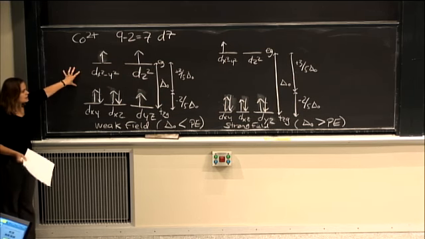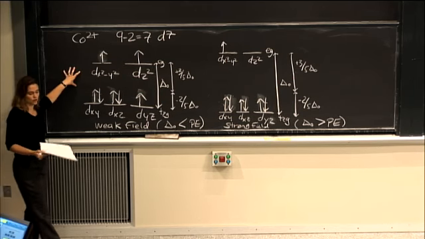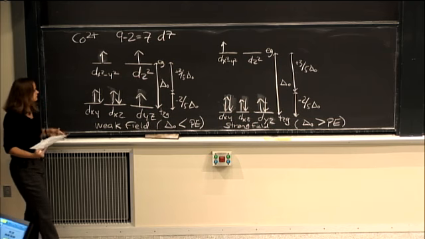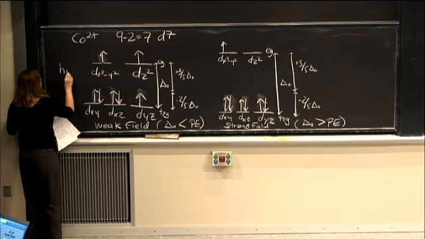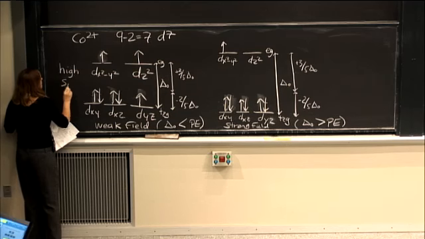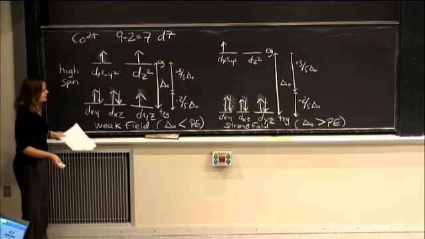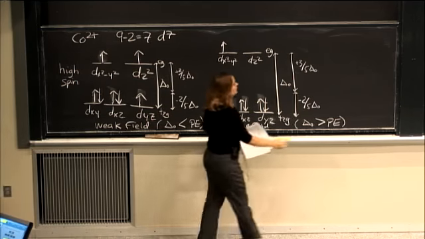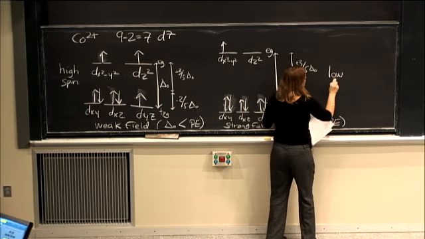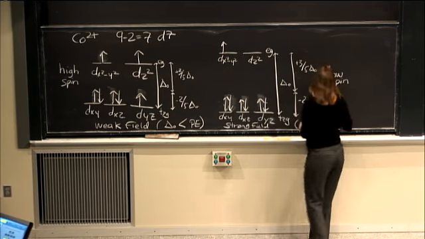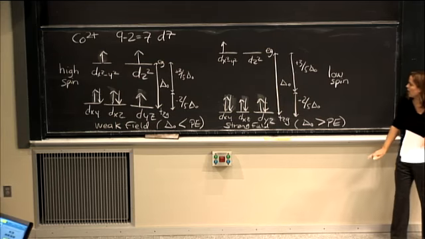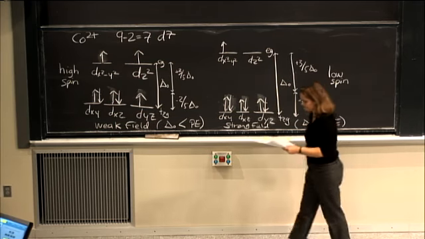So for this system, is this going to be a high spin or a low spin system? So this will be high spin because we have the maximum amount of unpaired electrons. And over here, we're going to have a low spin system. We have the minimum number possible of the unpaired electrons.